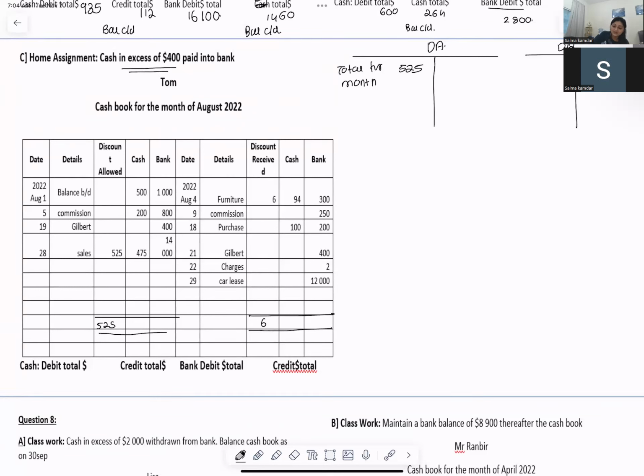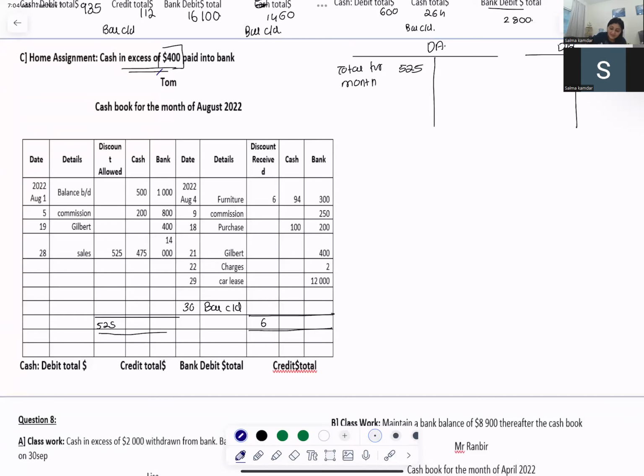When they tell you cash in excess of 400 is paid into the bank, that means they are telling you that the closing balance of the cash is going to be 400. Balance closed down is going to be 400, and anything over and above 400 will be put into the bank.